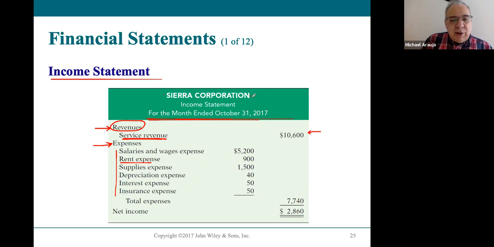But this is a service company, which means that you are paying them to do work on your behalf. So who does that work? Their employees. So salaries and wages are the largest expense for all service businesses. That's true for this particular company, Sierra, who's paying people to take other people on tours.